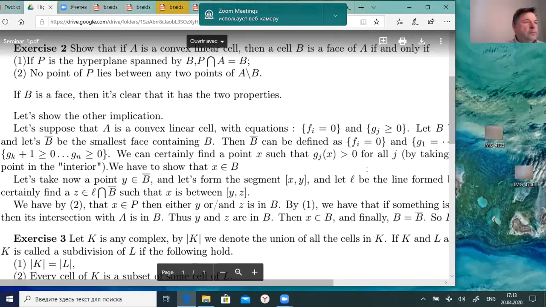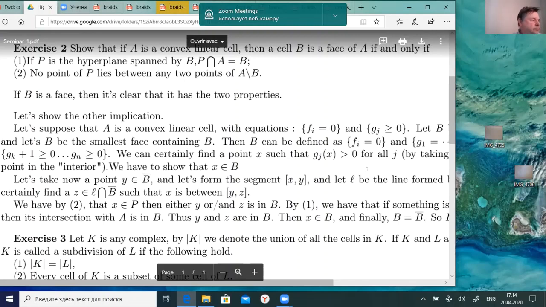So we define the same Fi, and then we take G1 to Gk equal to 0. We can do it because B is inside. And we have some Gk plus 1 until Gn, which are bigger than 0. Now we can find a point X such that Gj is bigger than 0.